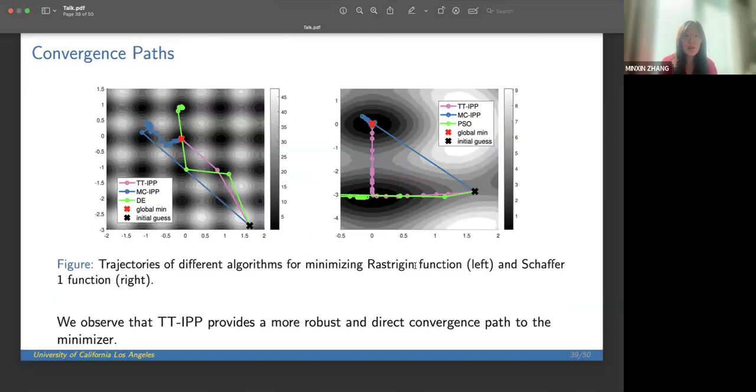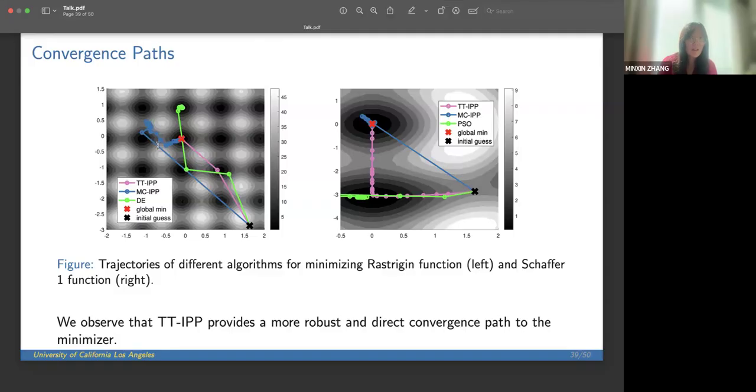And here are two pictures showing the convergence path of our algorithms compared to other algorithms. The pink curve here is the convergence path of TT-IPP, which started from this black cross, a random initial guess, and managed to converge to the global minimizer, the red cross here, in a very direct and robust manner.